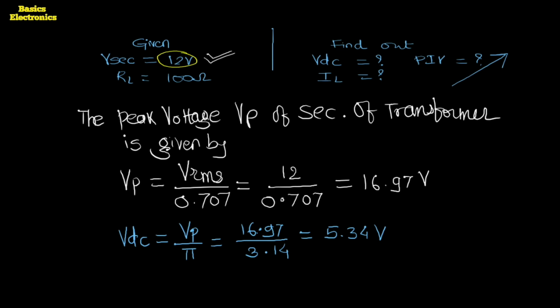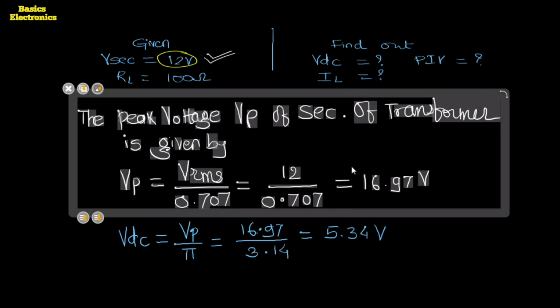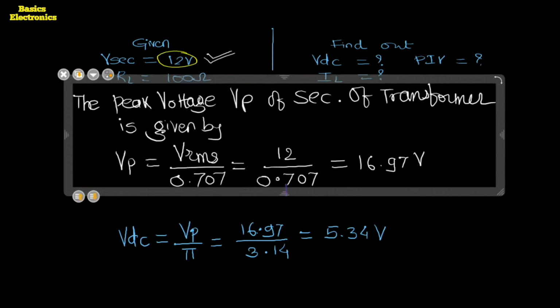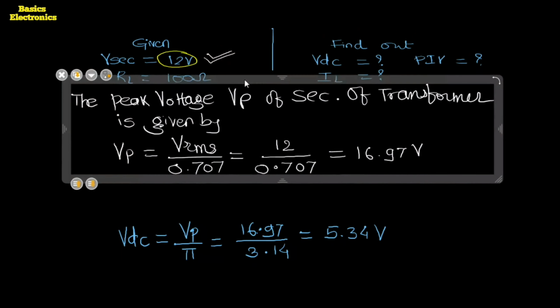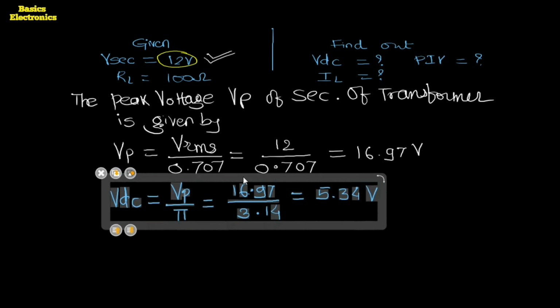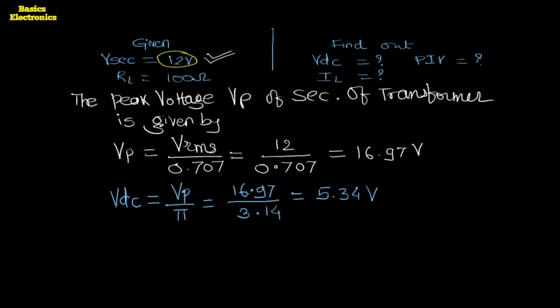Okay, so here we have to find out the PIV rating of the diode, peak inverse voltage, the maximum reverse voltage that can be applied at the diode when it gets in reverse bias, that can be applied at the diode without failure. That is what we call peak inverse voltage. Now the PIV rating is given by PIV equals to Vp.